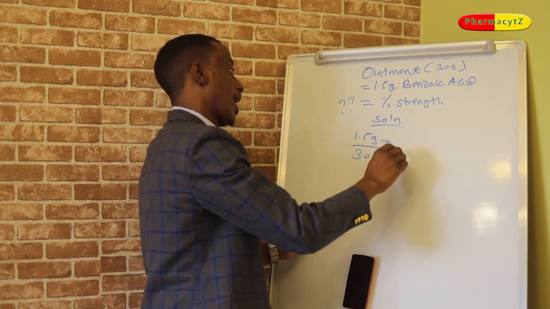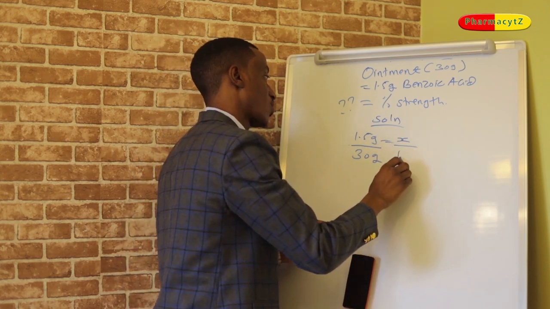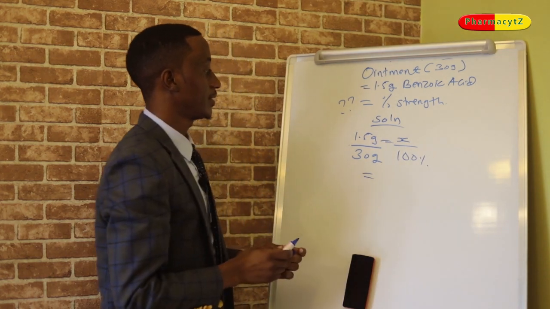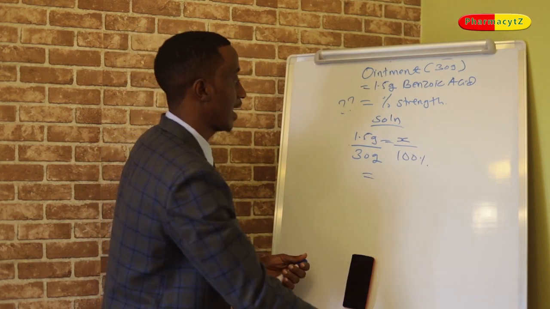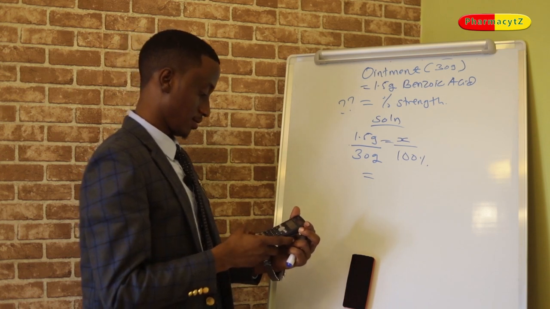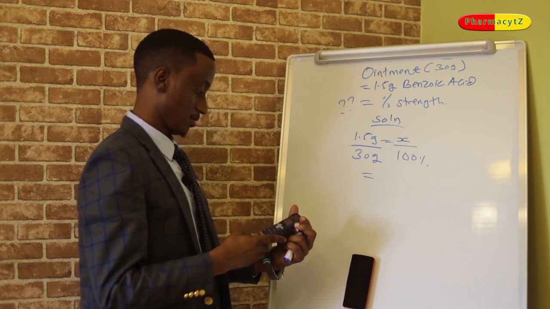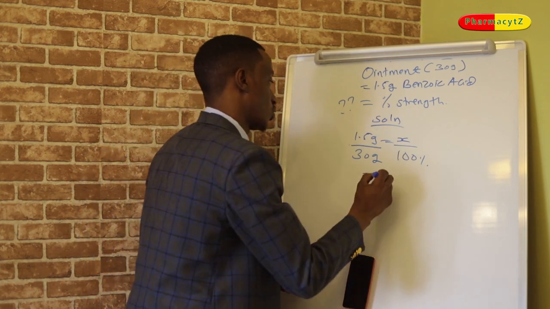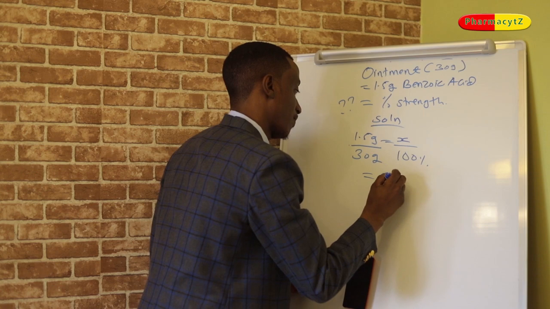Then how much percentage is contained in 100%? Okay, then this is 150 divided by 30. This is 5%. So this is equivalent to 5%.